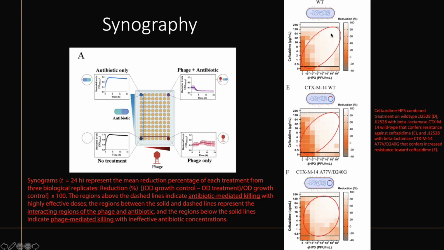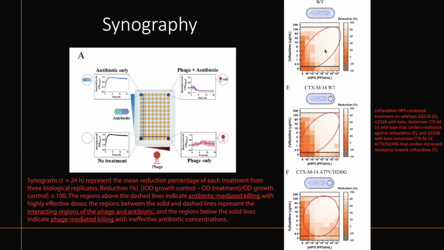And you can see that there is a lot of synergy between the phage and the antibiotic, as represented by the downtrend of the heat map as you move linearly across the interacting region here, with complete eradication of bacterial growth in this region right here.